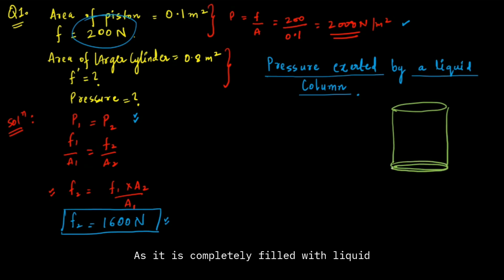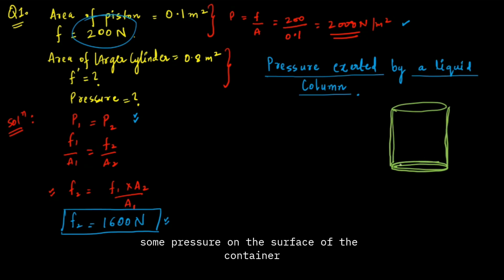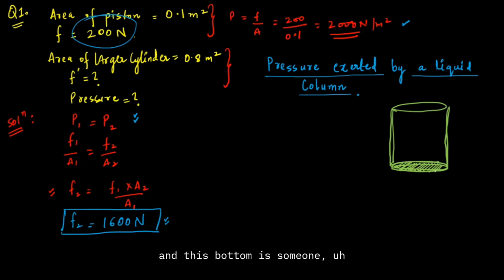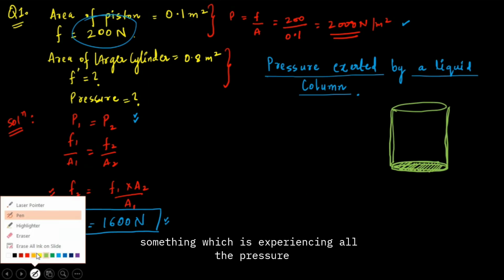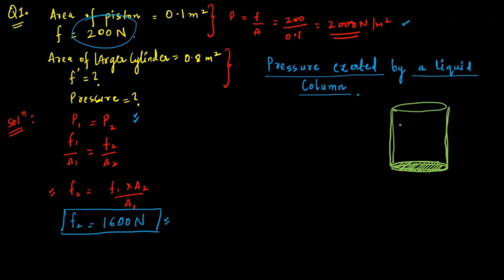As it is completely filled with liquid, all the water inside must be exerting some pressure on the surface of the container. This is the bottom, and this bottom is experiencing all the pressure. So the liquid here is capable of exerting pressure on the bottom. How much pressure is it? That is what we have to find.